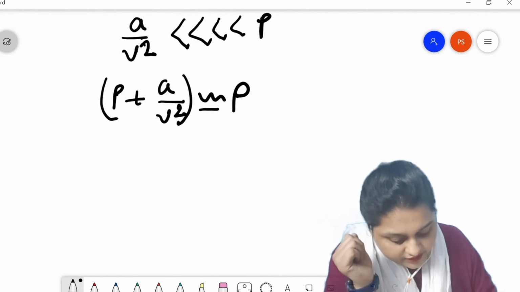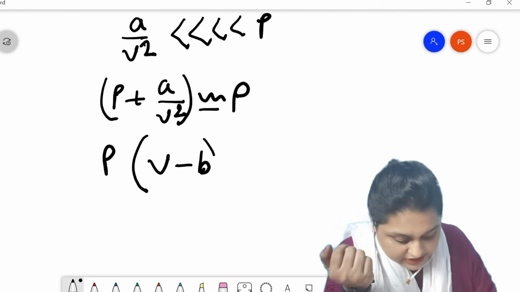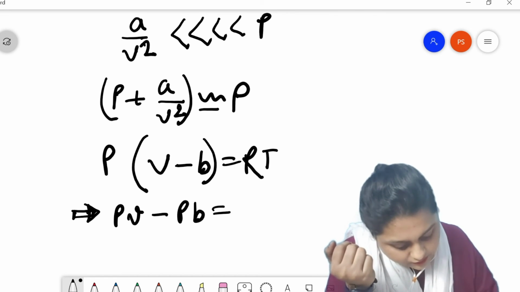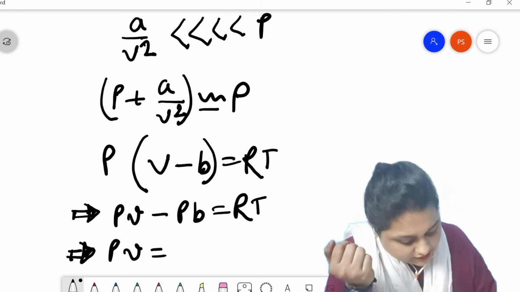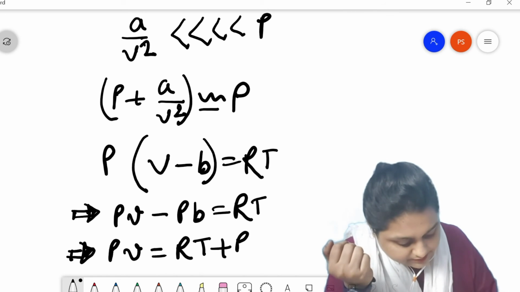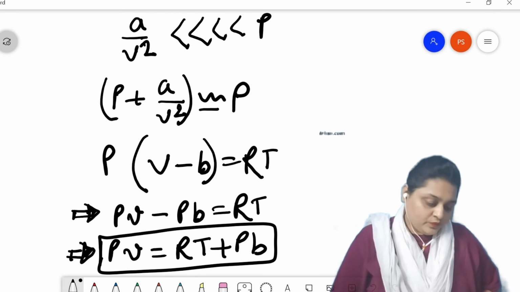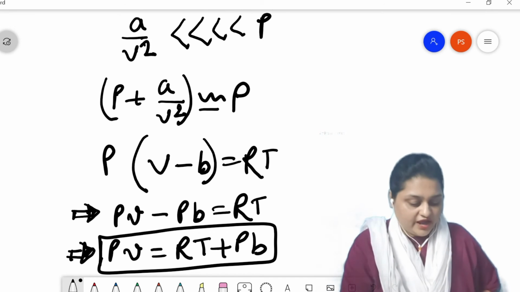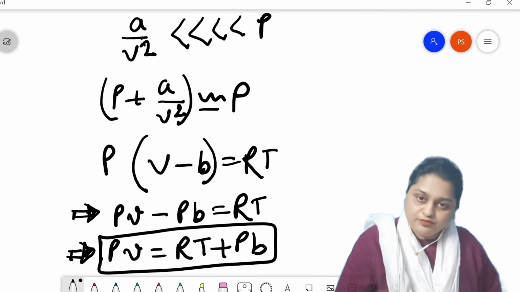So the modified van der Waals equation will look like P whole into V minus B equals to RT, or PV minus PB equals to RT, or PV equals to RT plus PB. That is, at higher pressure region, the magnitude of PV for real gas is higher compared to the ideal gas. Not only that, with the increase in the pressure, the magnitude keeps on increasing.